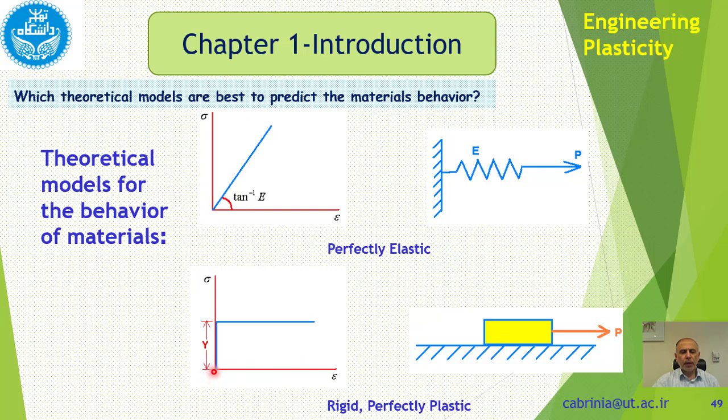Like here, if you apply this much stress, nothing happens. This much, nothing happens. But if you apply this much stress, it suddenly starts to move, and you don't need to apply any other loads. Of course, this is an ideal model, but it's a very good model. Surprisingly, it gives very good results. So this is rigid, perfectly plastic.